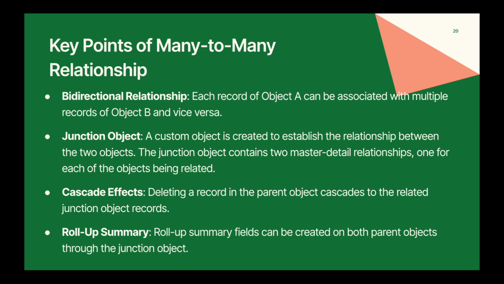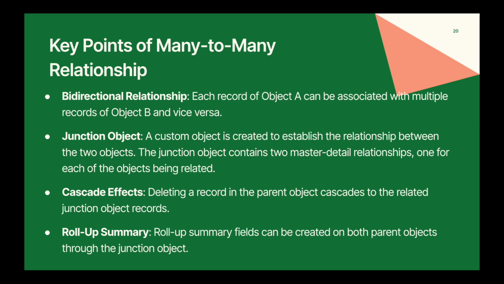Obviously when master detail relationship is present, the cascade effect will be there. So deleting a record in the parent object, that is object A, and on the other side object B, cascades to the related junction object records, because the junction object acts as a child object in the master detail relationships with object A and object B.